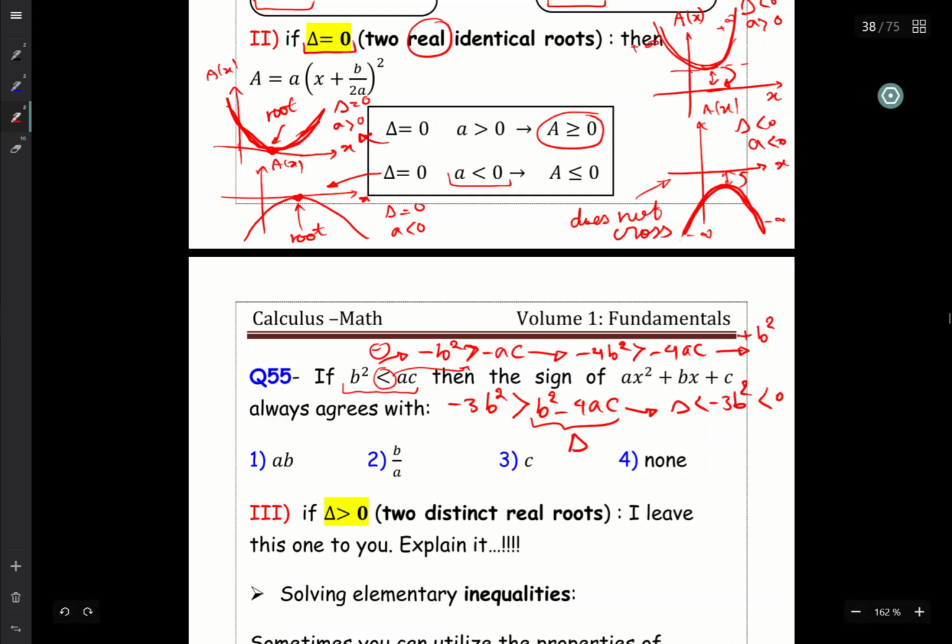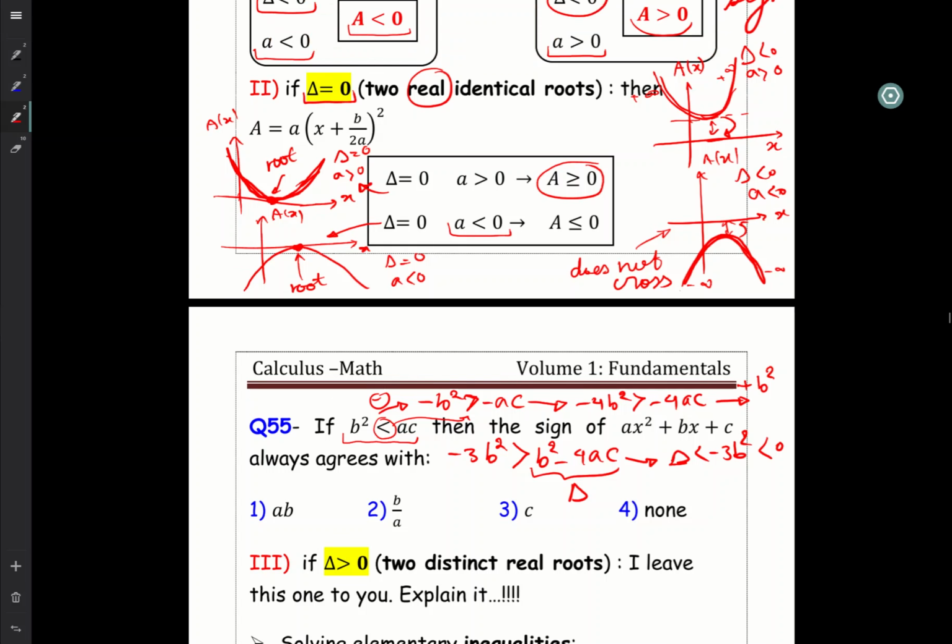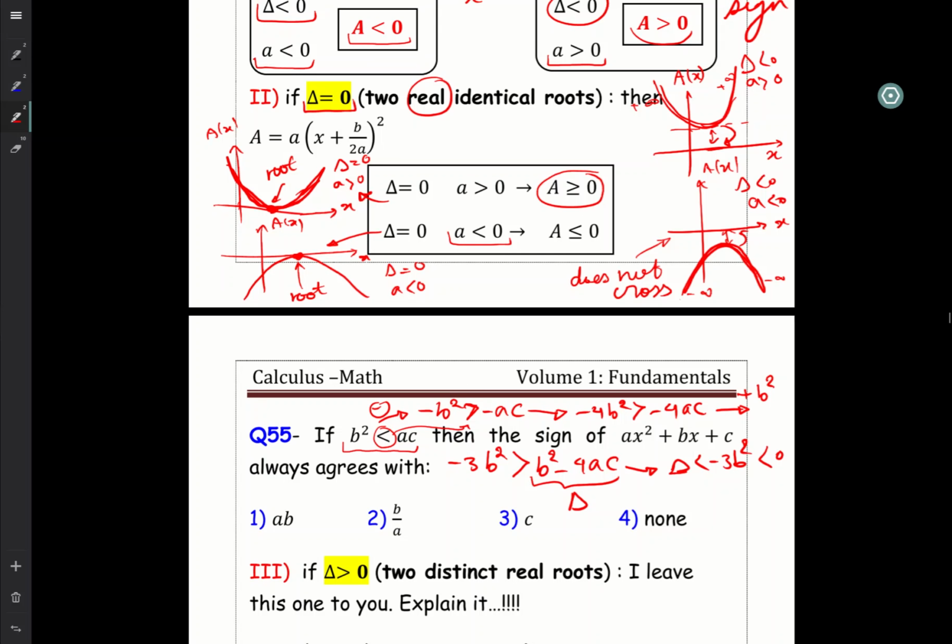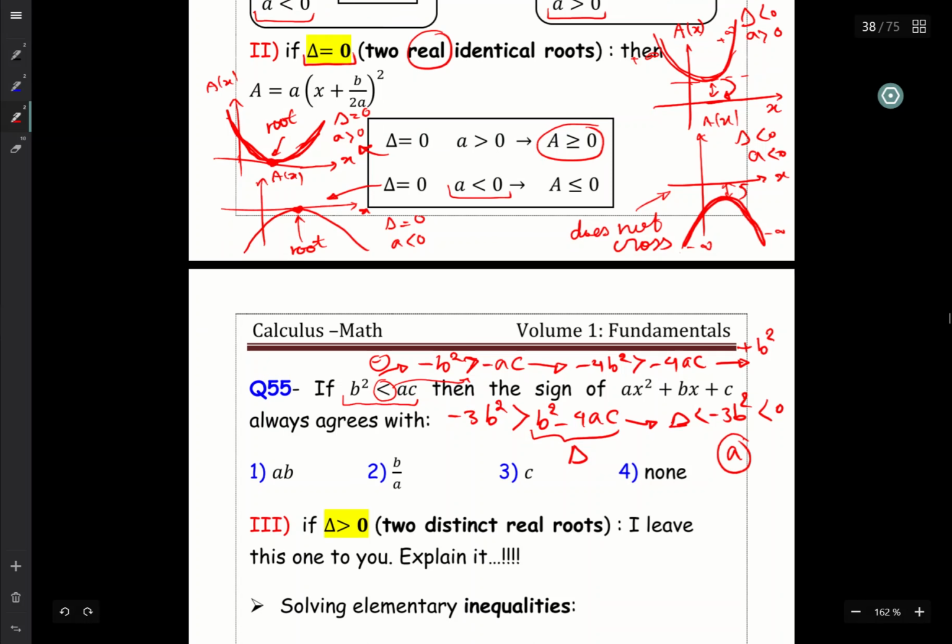And since delta is negative, the sign of ax squared plus bx plus c always agrees with a, right? But here in the choices we don't have a.